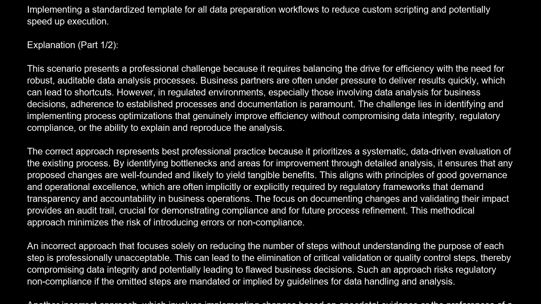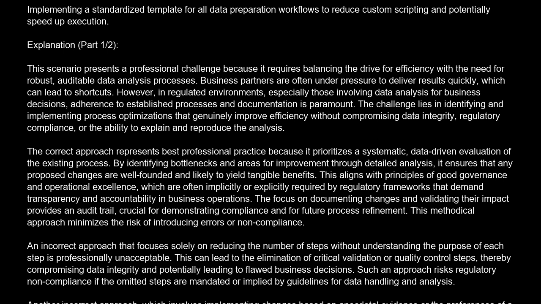This aligns with principles of good governance and operational excellence, which are often implicitly or explicitly required by regulatory frameworks that demand transparency and accountability in business operations. The focus on documenting changes and validating their impact provides an audit trail, crucial for demonstrating compliance and for future process refinement. This methodical approach minimizes the risk of introducing errors or non-compliance.